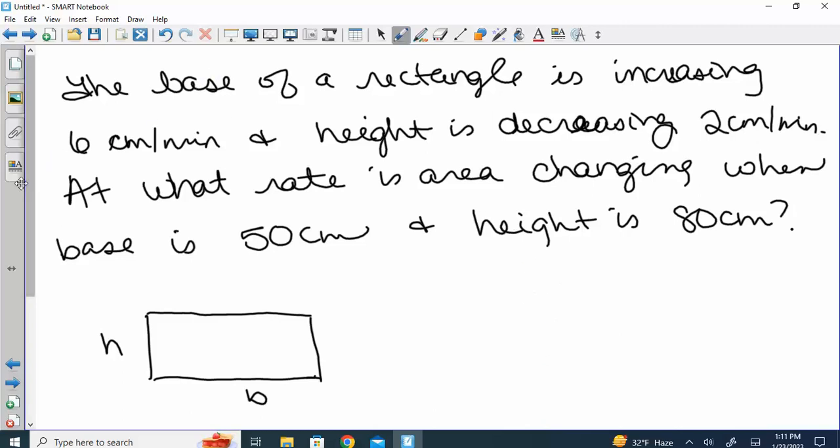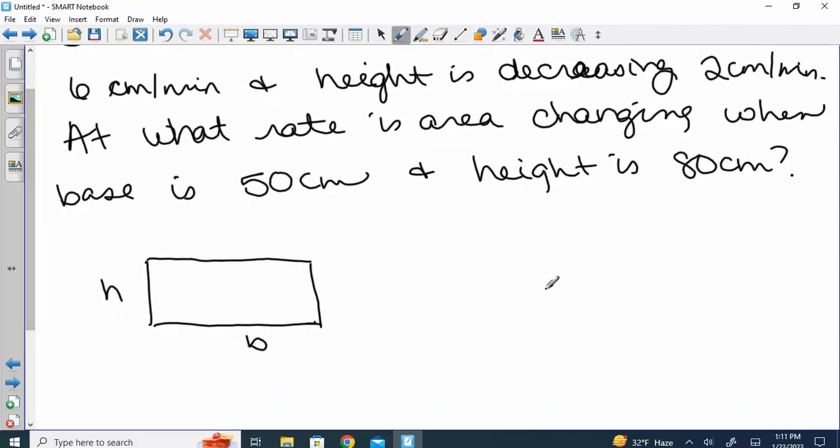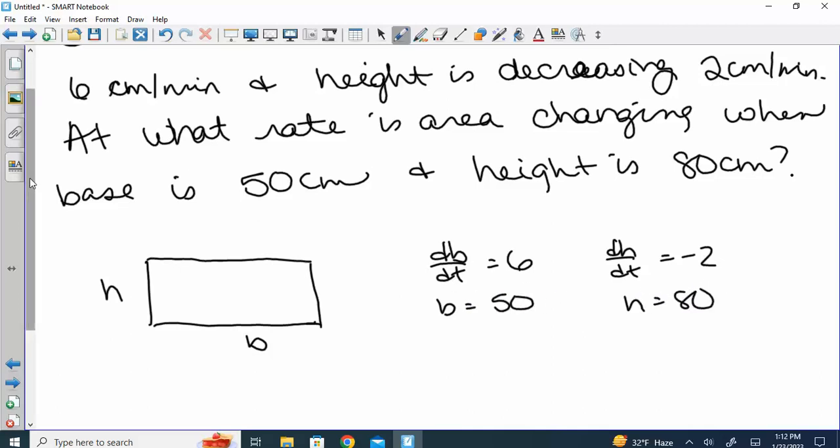So the base was increasing 6 centimeters per minute. What does that represent? And the height is decreasing 2 centimeters per minute. dH/dt is -2. The base is 50. The height is 80. So what would I do?